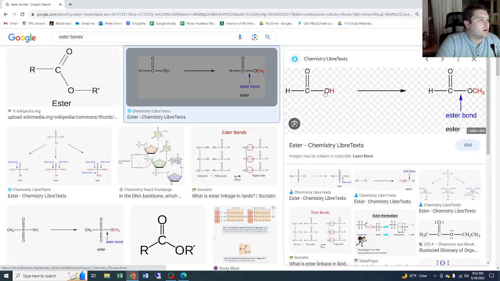So we have our carbon and our OH, and then the ester bond links to that oxygen. Between the two, the OH combining gives us that ester bond.